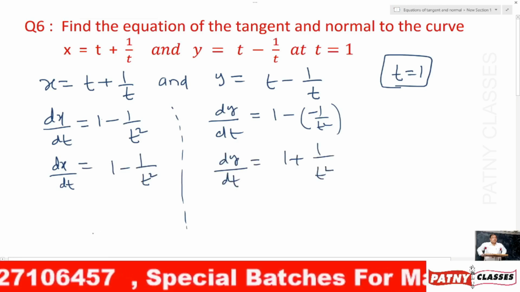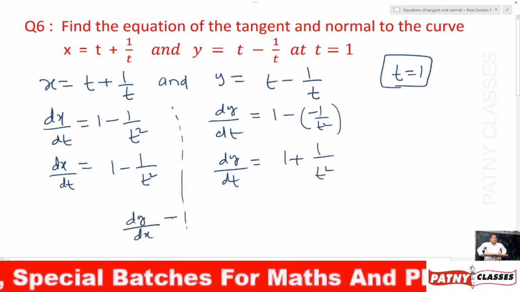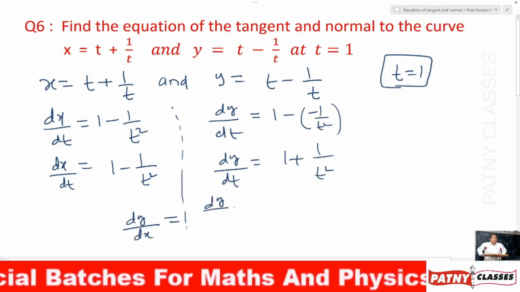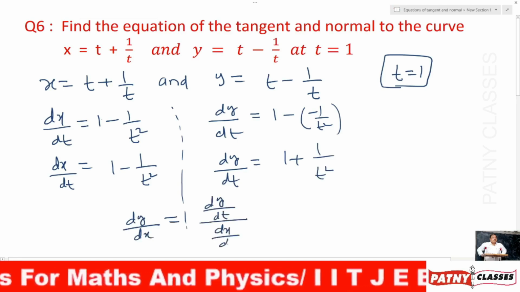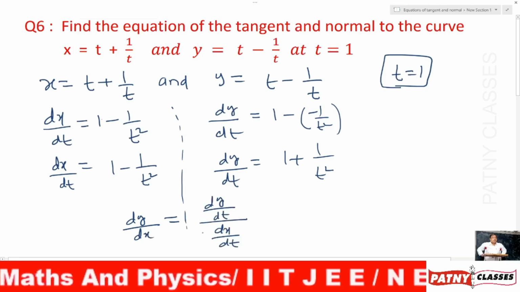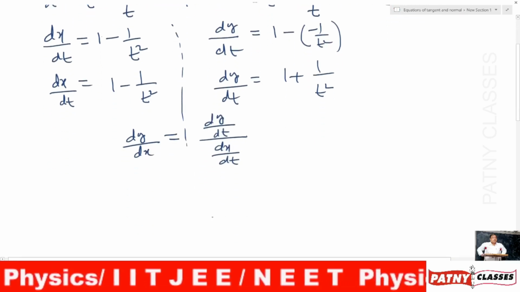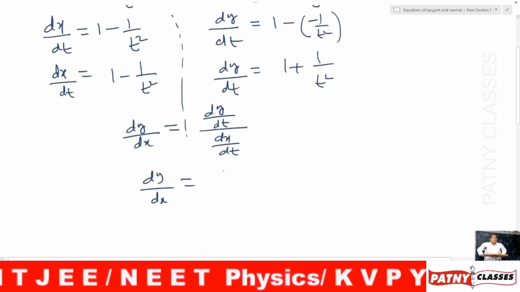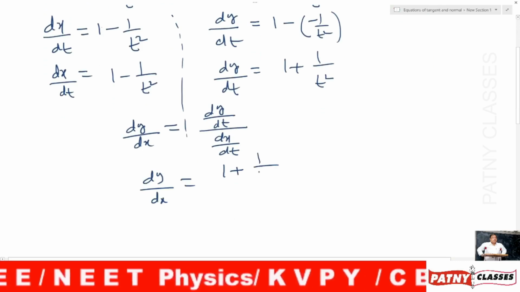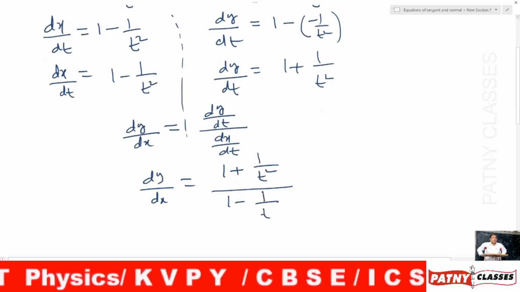After that we wish to have dy by dx. So how to get dy by dx? dy by dx can be obtained by dy by dt upon dx by dt. dy by dt is 1 plus 1 upon t square and dx by dt is 1 minus 1 upon t square.